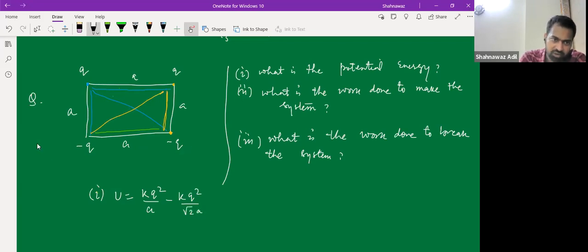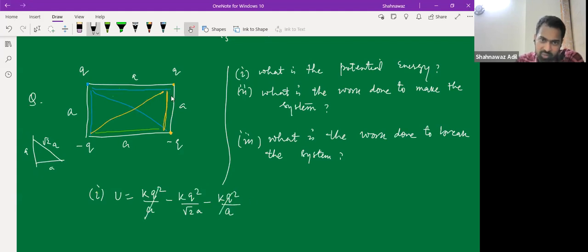This distance is how much? This is A, this is A, so this would be root 2A. So minus kq square by root 2A. And what else? Minus kq square by A. So this one cancels.